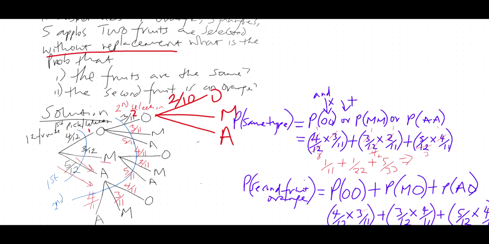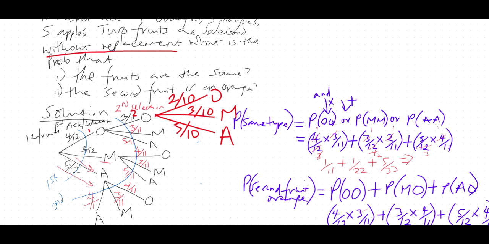Remember it is in the first route here. Orange, orange. Then the mango will be 3 out of, but now total number of fruits are 10. And then the apples will be 5 out of 10. And you can see if you add 2 over 10 plus 3 over 10 plus 5 over 10, then you're supposed to get 10 over 10, which is 1.